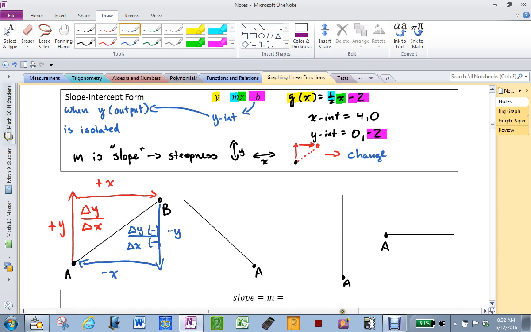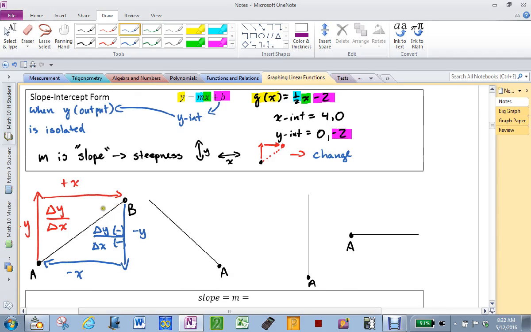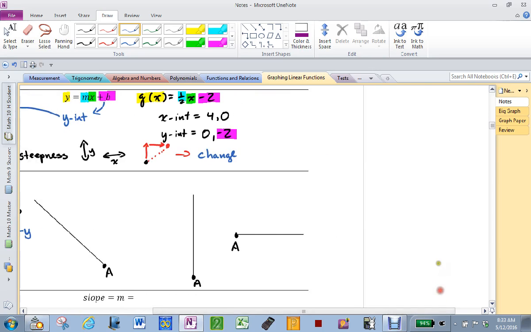So right now, as of now, you have 1, 2, 3 definitions of slope. If you have 3 definitions that are all definitions of the same thing, what do you know about each of those definitions? What I mean is this. A equals B, D equals B, and F equals B. What do you know about A, D, and F?